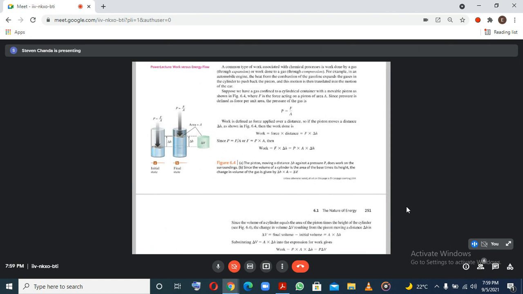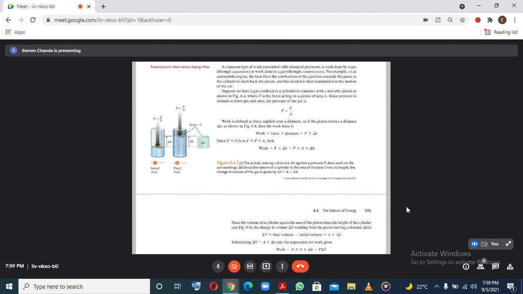Maybe when the gas expands, it moves something. Remember the pistons of how the car moves? The gas expands and moves the piston in a vehicle engine, and the car eventually moves, right?